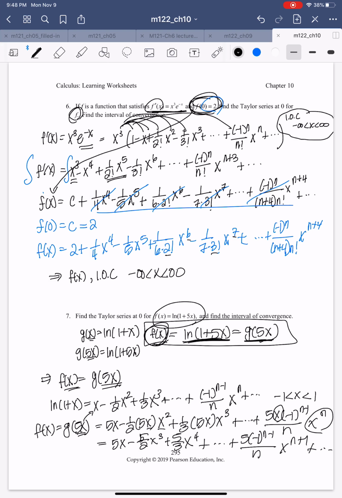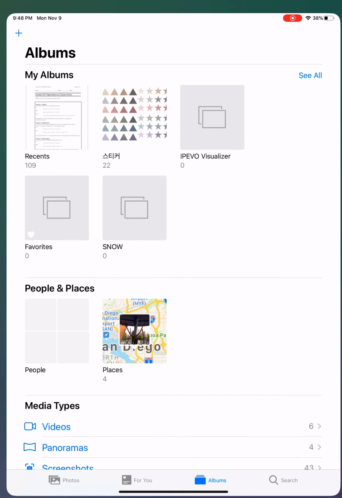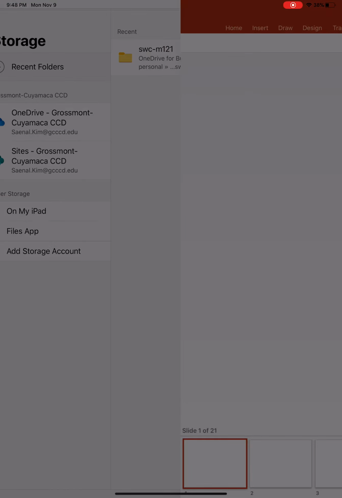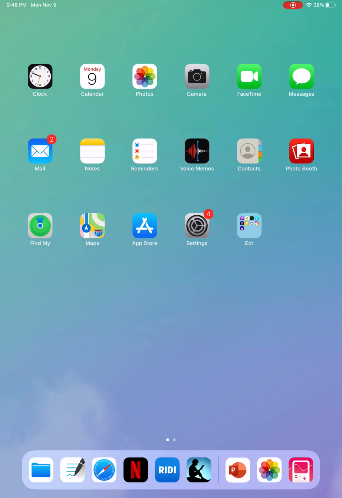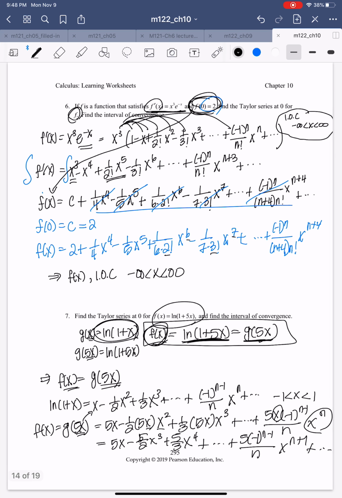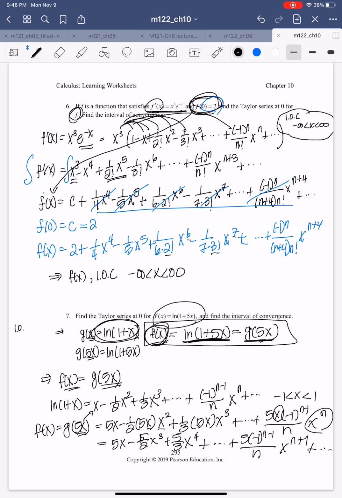Since g of x is ln of 1 plus x, the interval of convergence is between negative 1 and 1, but we are really looking at 5x because that's what we substituted.